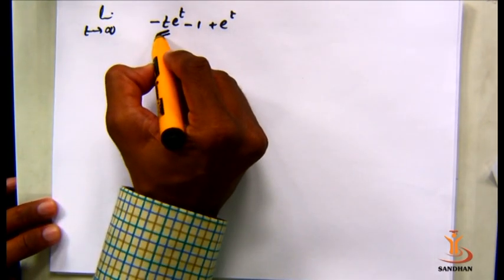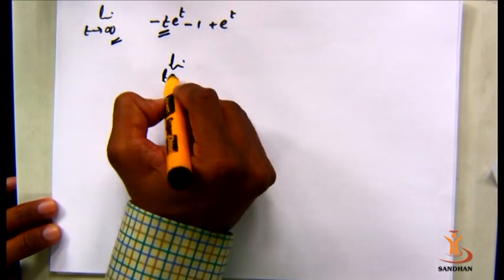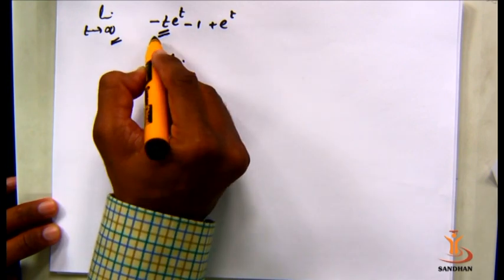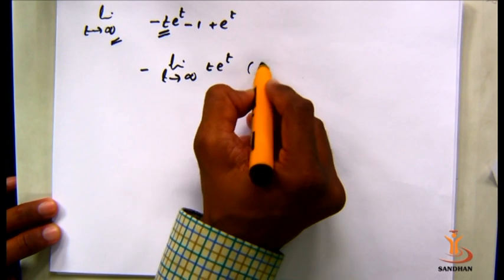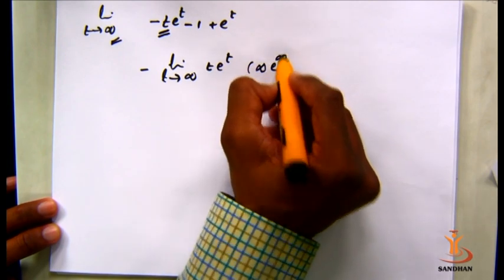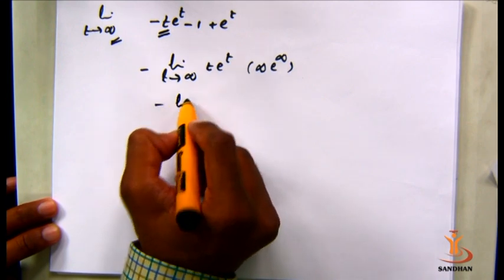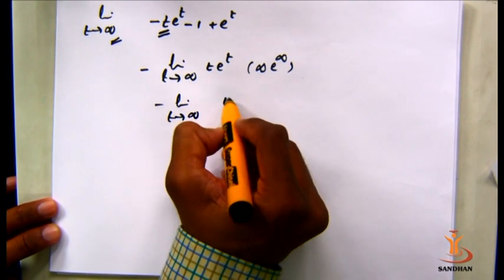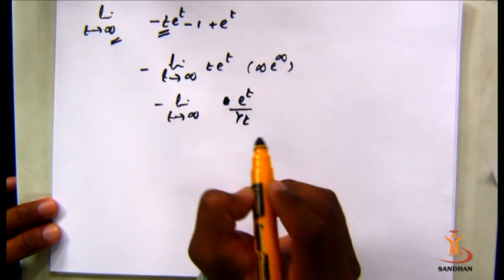If we consider infinite over here, so we will get limit t tends to infinite minus t e raised to t. If you put infinite, you'll get infinite e raised to infinite, say improper integral, that gives limit t tends to infinite e raised to t over 1 upon t.